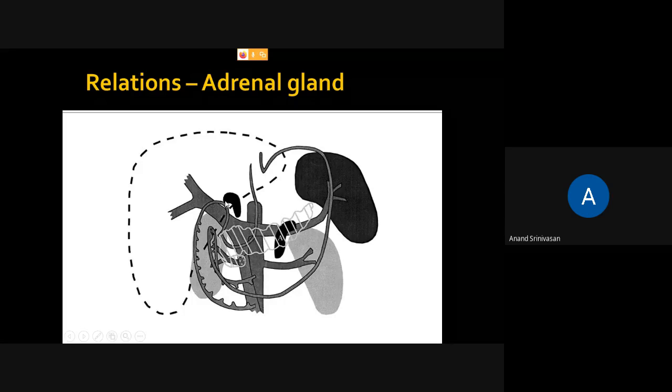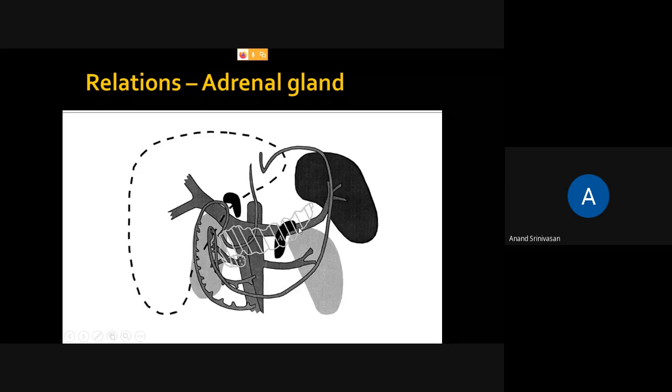The kidneys are situated near the posterior abdominal wall, so anterior to the adrenal gland there is the liver. Here you can see the outline of the stomach, and after the stomach comes the duodenum. So the anterior structures for the right adrenal gland are the liver and duodenum.